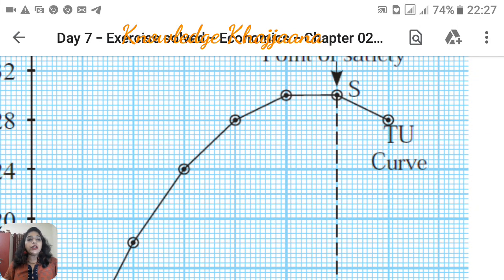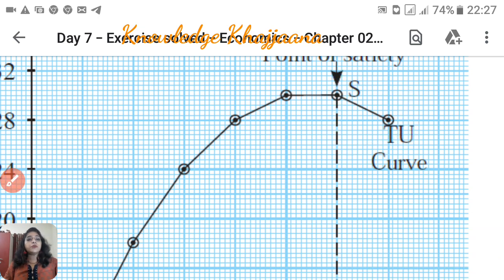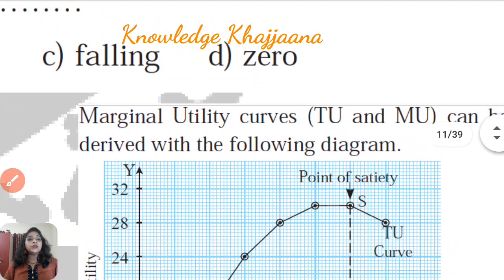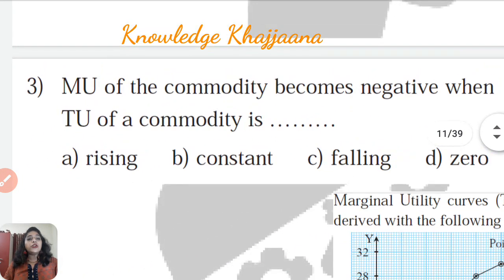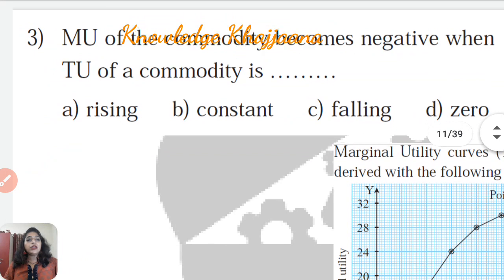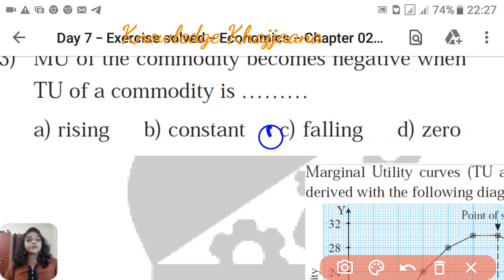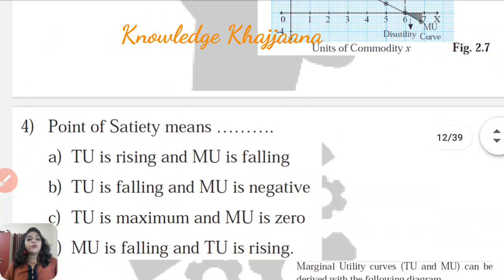It is falling down. Total utility is falling down. So the answer is: when the marginal utility of a commodity becomes negative, the total utility of the commodity is falling. It is option number C.